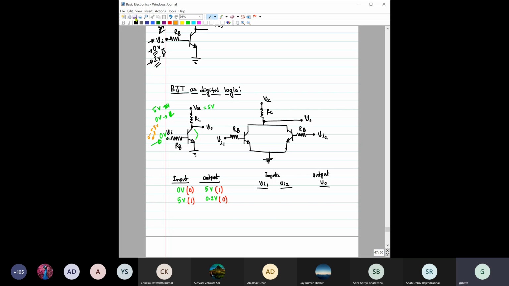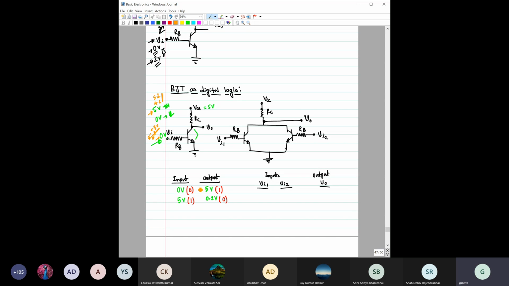Similarly, for 5 it is not exactly 5, and it also depends on the design, say something like 4.6 to 5.2 volt. So we always have some range. If the voltage is within this range, we consider it as 5 volt and logic high. If it is within the other range, we consider it as logic low, or 0.